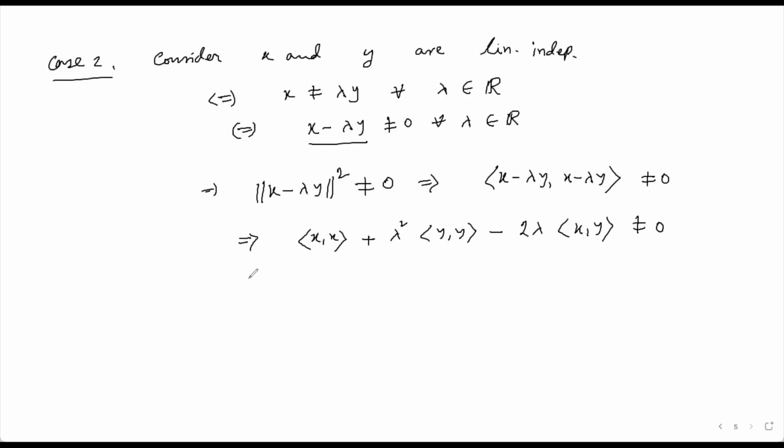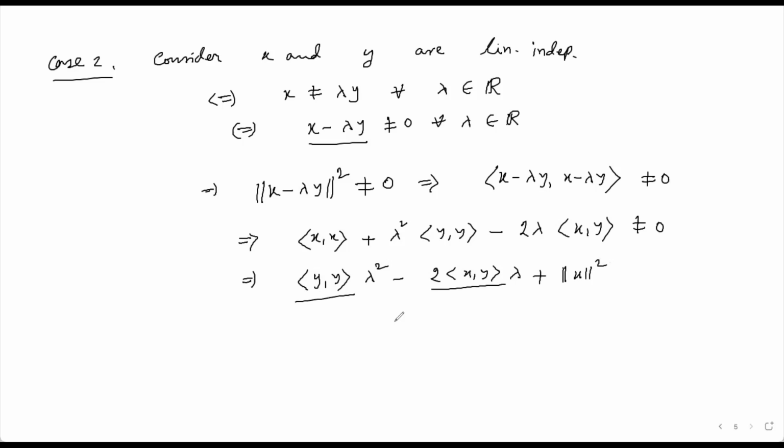Now we can see that this is nothing but a quadratic equation in lambda. Here y comma y is the coefficient of lambda square, minus 2 times the inner product x comma y is the coefficient of lambda, and plus x comma x, which is nothing but norm x square.